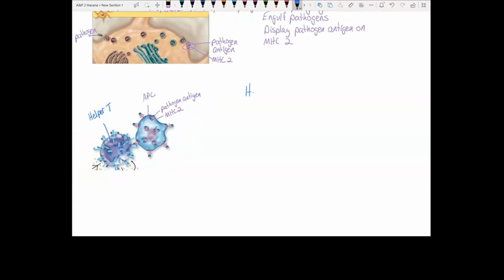So a helper T encounters an antigen presenting cell. First thing that happens is the CD4 on the helper T will bind the MHC2 on the antigen presenting cell. Then the TCR inspects the antigen.